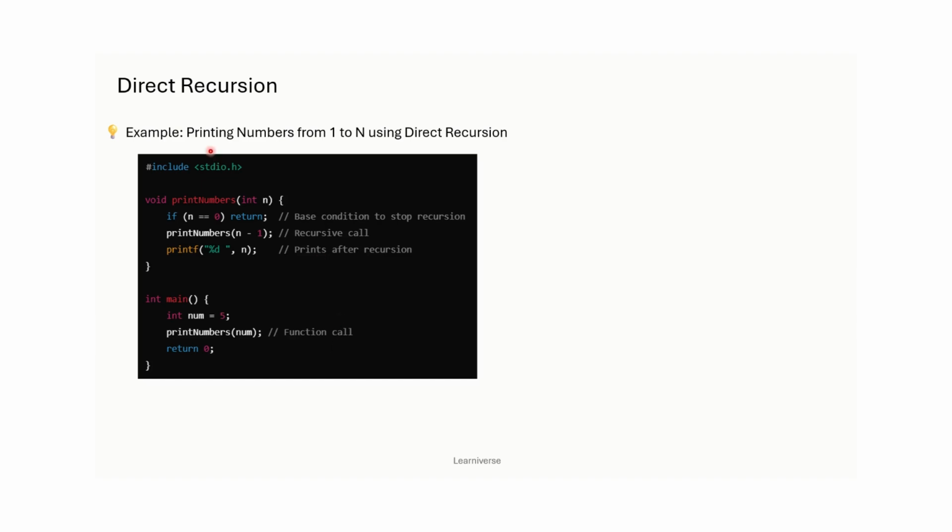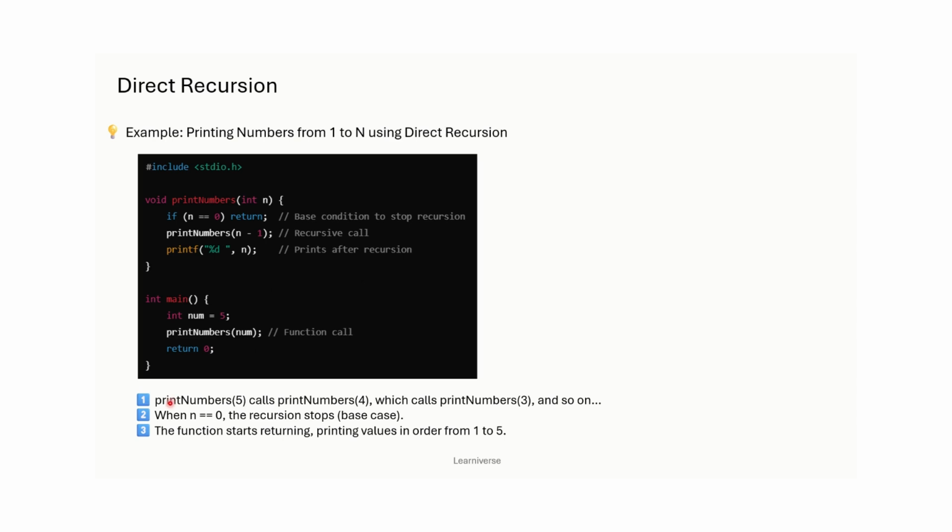Direct recursion. Here you can see we have a program which is printing numbers from 1 to n using direct recursion. Whatever the program code which we saw in the previous slide, here the same code is present. So here it prints numbers 5, 4, 3 and so on.